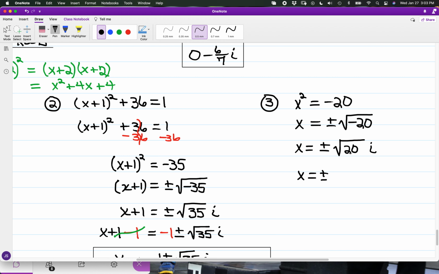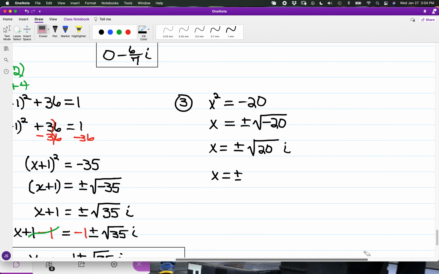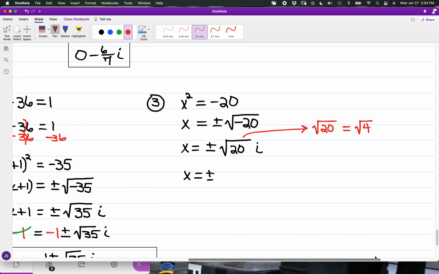Now 20 is not a perfect square number, so I'll do this on the side. The square root of 20 can be reduced, and among the perfect squares, 4 is the highest one that divides it.